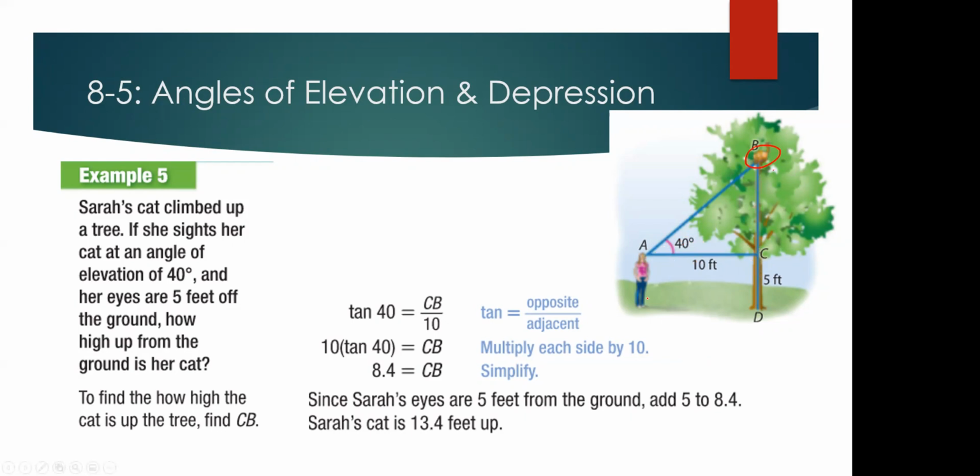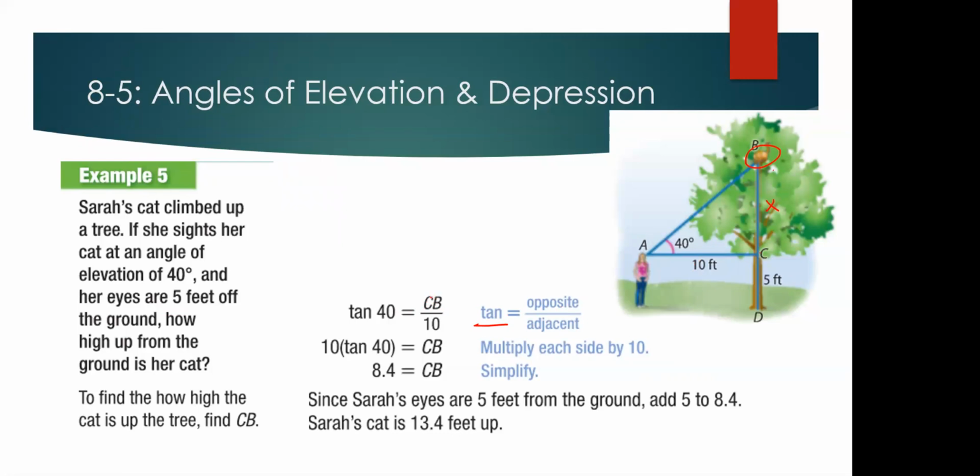Okay, so we have our 40-degree angle, and you're looking for this value here. So that's the opposite over the adjacent, so that would be tangent. The opposite we don't know, that's what we're looking for.